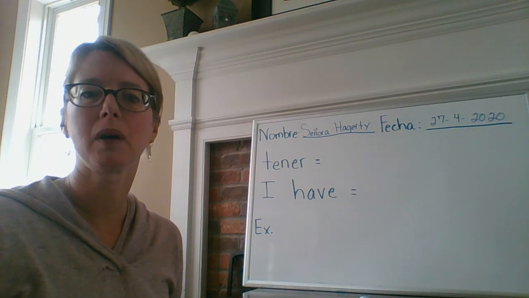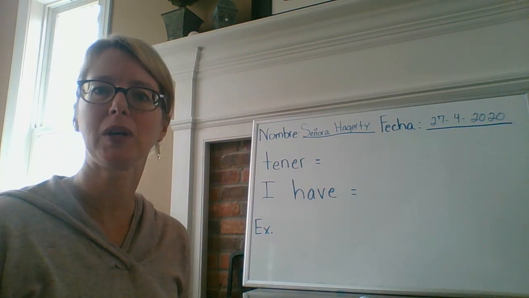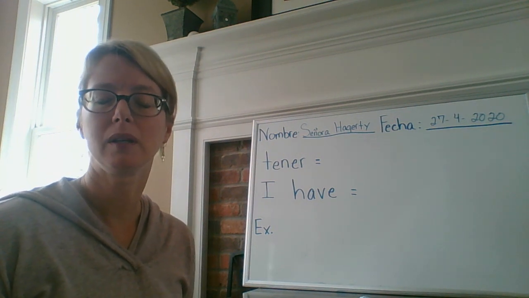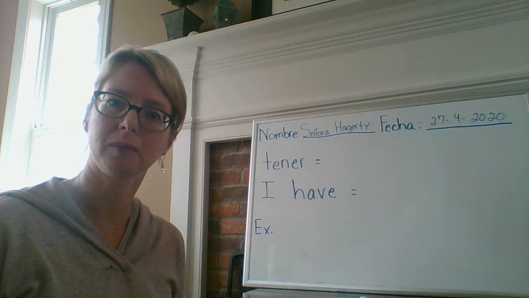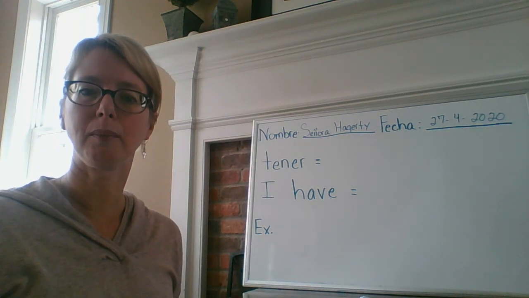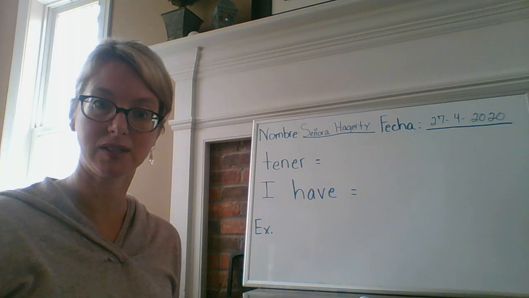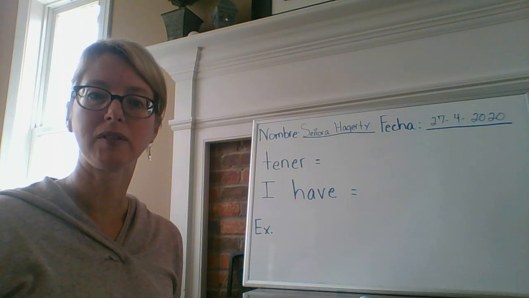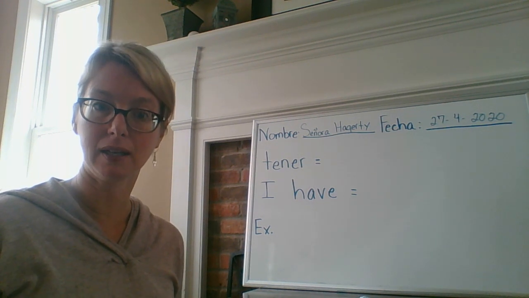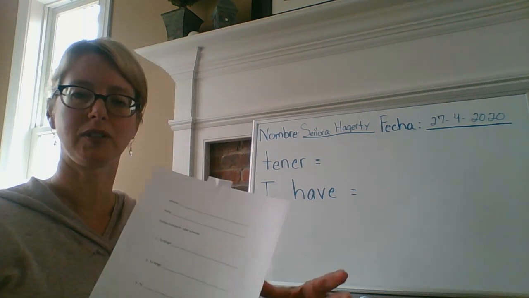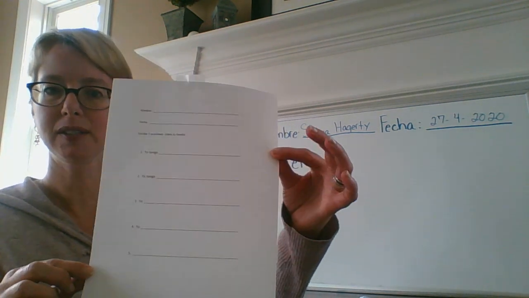We're going to continue on with our unit on Mi Familia, and this will be our last week before we try to start making our Spanish family tree. In your activity today, you're going to see attached to your template, as well as a link that you can print out, this worksheet. It's going to look like this.